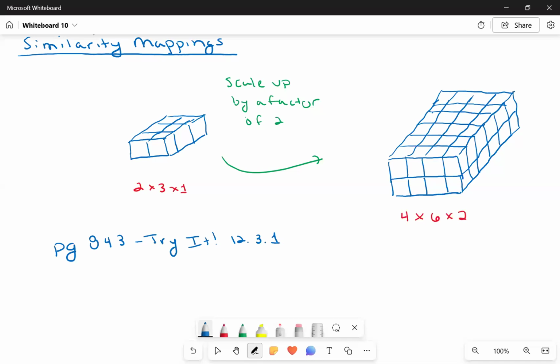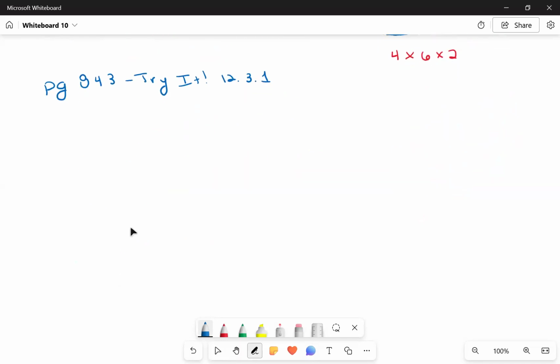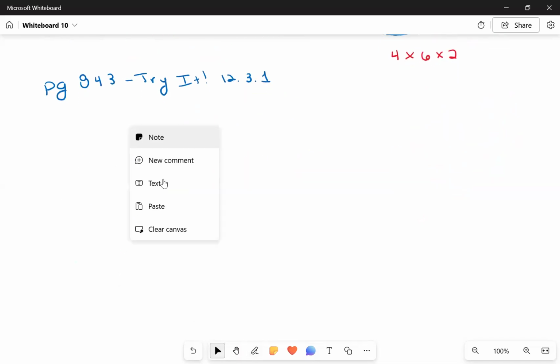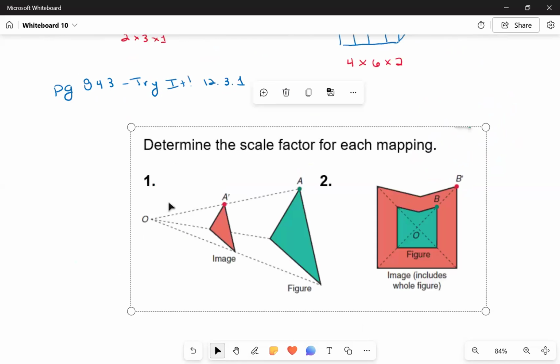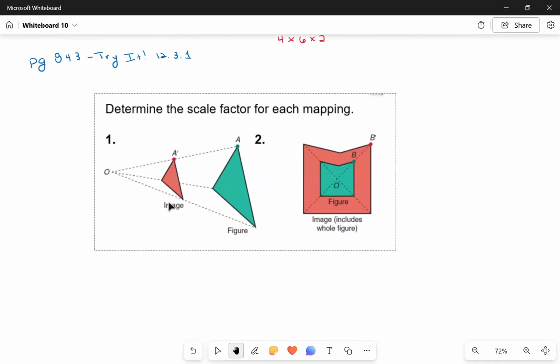I'm going to pull in a copy of the first half of it. I'll have to size it down. All right, not as bad as it has been before.